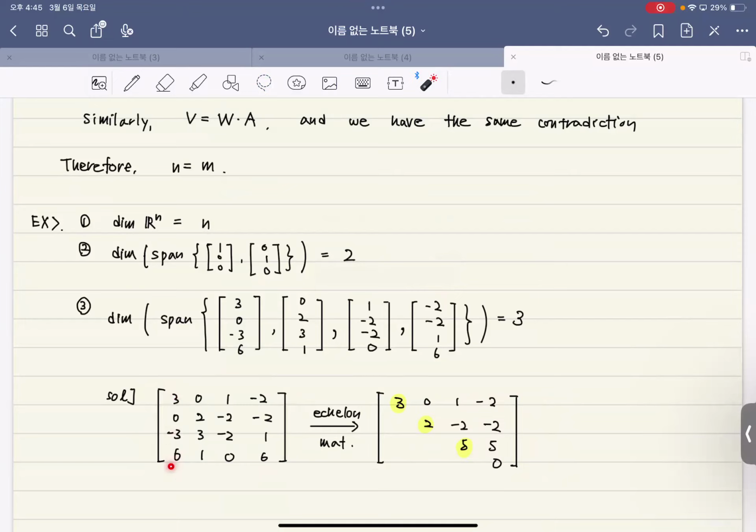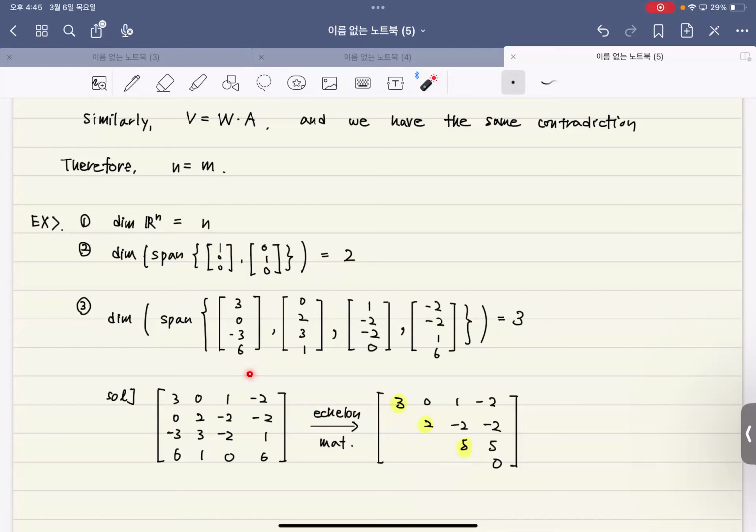This guy goes here, this guy goes there. So I made a matrix consisting of these columns, and I apply the elementary row operations so that everything is now an echelon matrix. Okay, and I have 3 pivots, right? 3 pivots means that the maximal number of linearly independent columns is going to be 3.